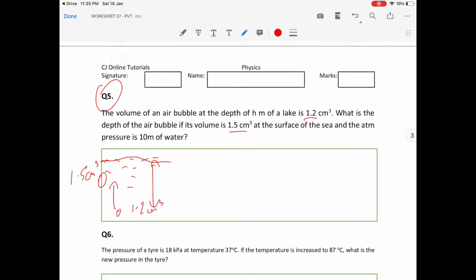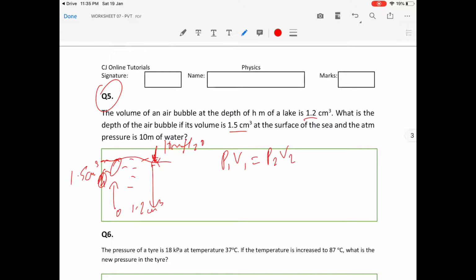The bubble is now at the surface of the sea with volume 1.5 centimeter cube, and the atmospheric pressure is 10 meters of water. So just air itself is pushing on the sea at 10 meters H2O. Again, just write out the equation. P1 V1 equals P2 V2.